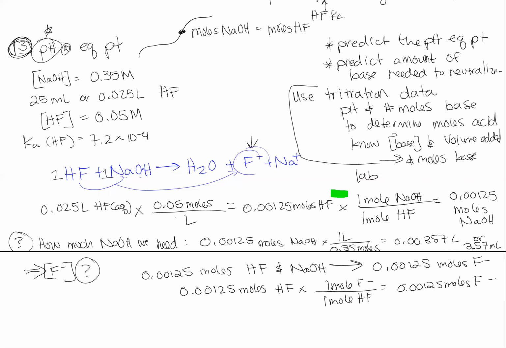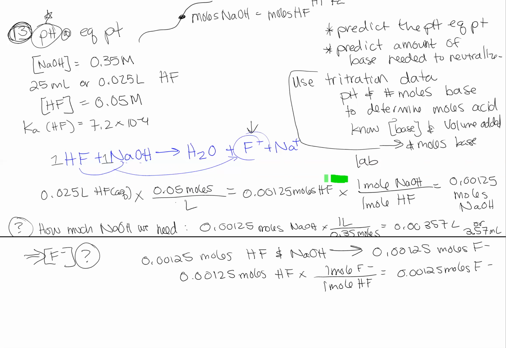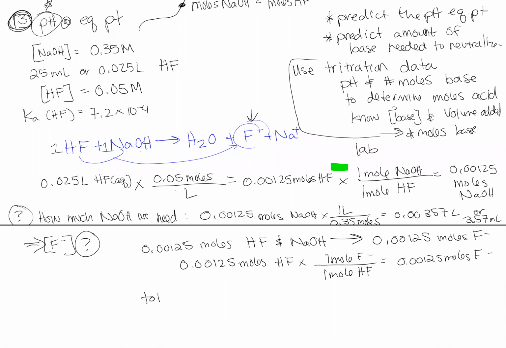Okay, so we have our moles component, but now we need to know volume. So our total volume will equal what we started with, which was our 25 milliliters of hydrofluoric acid. And then we have added 3.57 milliliters of our base.